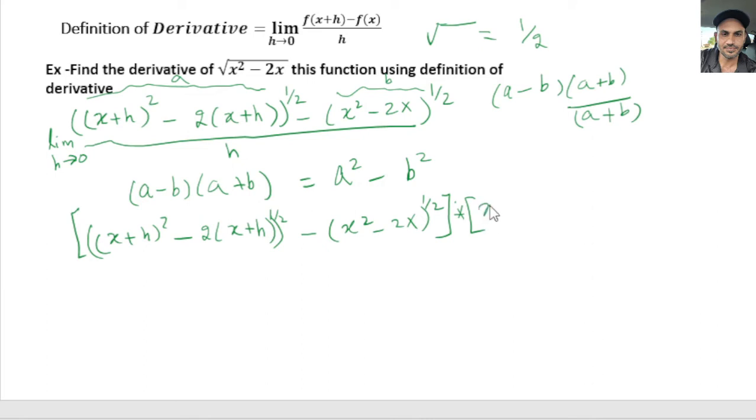So we have x plus h squared minus 2 in parentheses x plus h, and this whole thing raised to 1/2, and this negative becomes positive, and we have x squared minus 2x to 1/2, and everything divided by h.